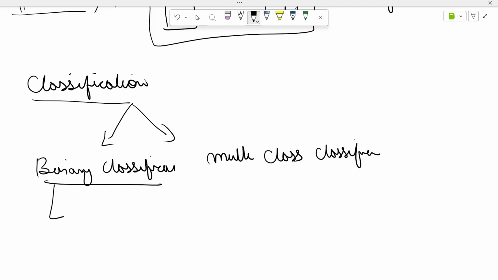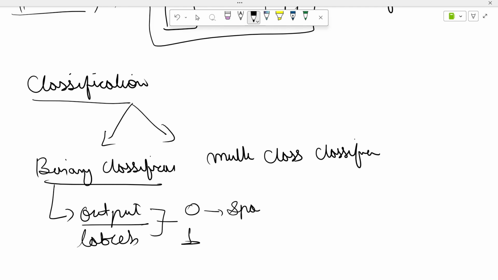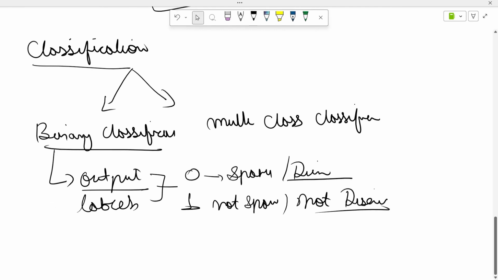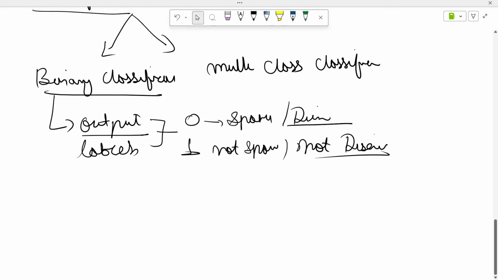In binary classification, the output label contains only two categories, 0 and 1. Let's say spam or not spam, or disease present or disease not present. Whenever the output is binary, 0 or 1, with only two possibilities, yes or no, then it is a binary classification problem.